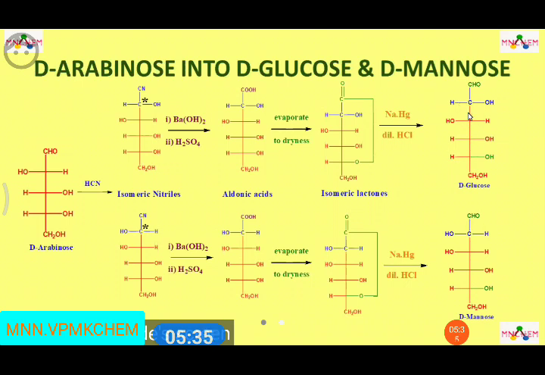Here you can see in glucose, the C2 hydroxyl is on the right hand side, whereas in mannose the hydroxyl group is present on the left hand side. So these are the two isomeric aldohexoses formed. This is the entire sequence for modified Killiani-Fischer synthesis of D-glucose and D-mannose from D-Arabinose.